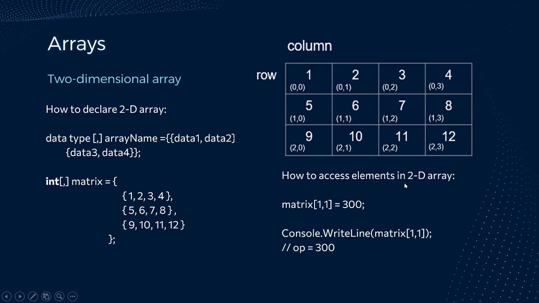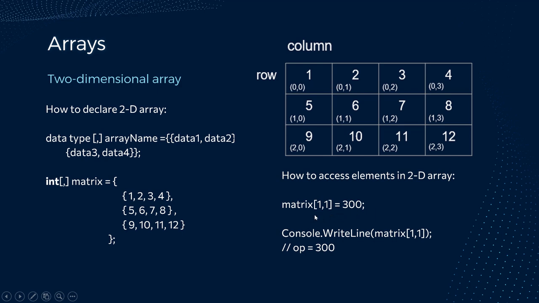Now how to access an element in a 2D array, that is what I have already discussed, but yeah, let's see. Let's say I want to store 300 into the cell 1 1. 1 1 means here. So the current value of 1 1 is 6, but I want to store 300. So I can access it using the array name, and then we have the square bracket, and we need to provide the row index and column index with the comma, and then we can assign the value.